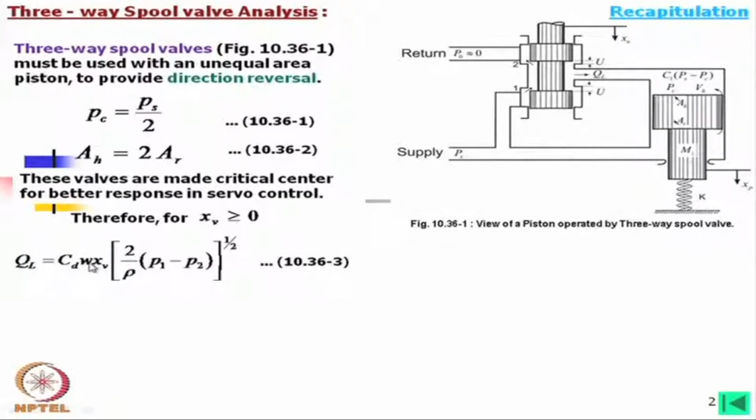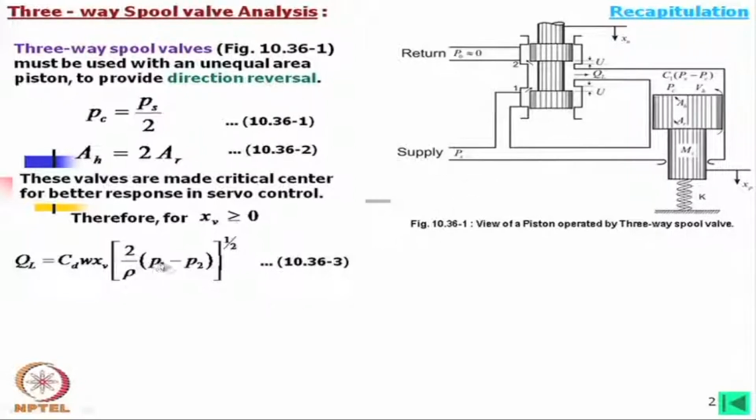Now, W, the width in this case, is the total peripheral length of the spool, or so to say, inside of this groove. That means in this case we can directly get W equal to pi into D, that is the diameter of the spool, or dP, whatever it might be.